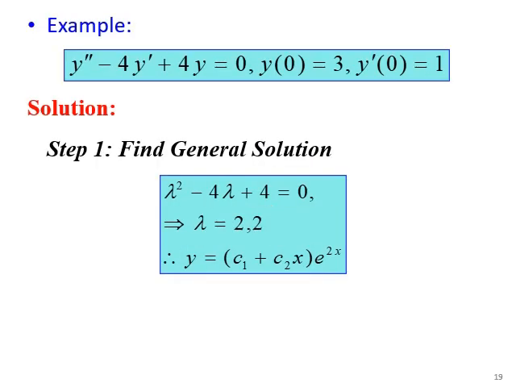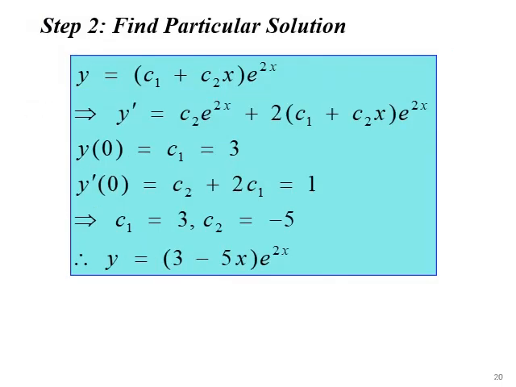Another example. Here it will be m square minus 4m plus 4 equals 0, or lambda, as you can see here. I solve it, I get 2 and 2, which represent real equal roots. So directly I will write constant plus constant x, exponential 2x. Now again I have initial conditions for y and y dash.